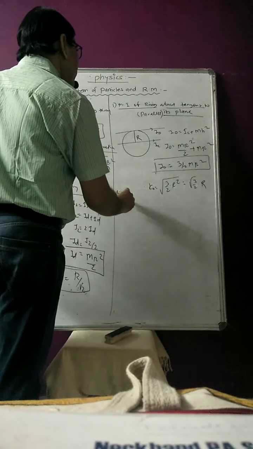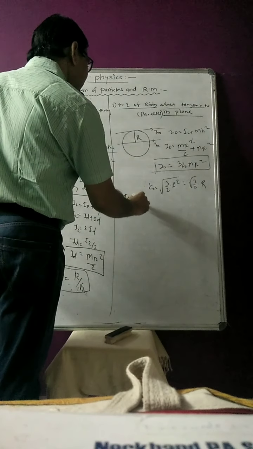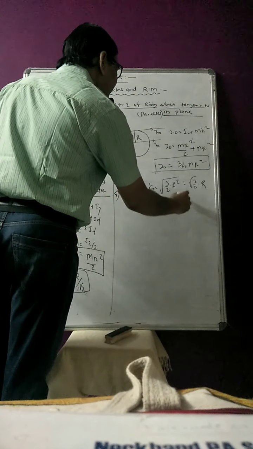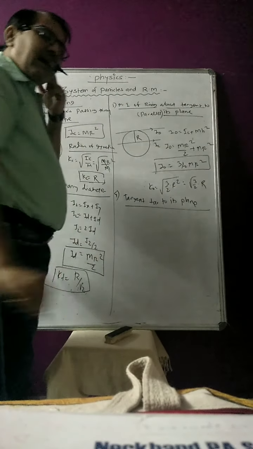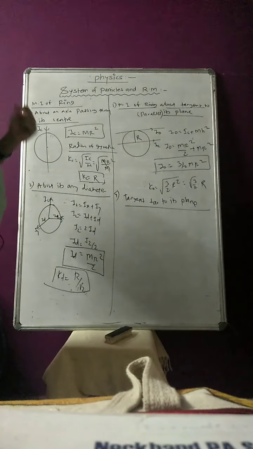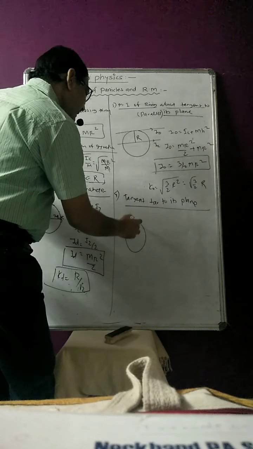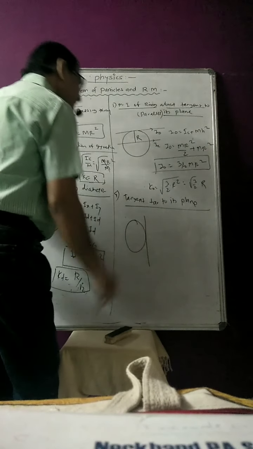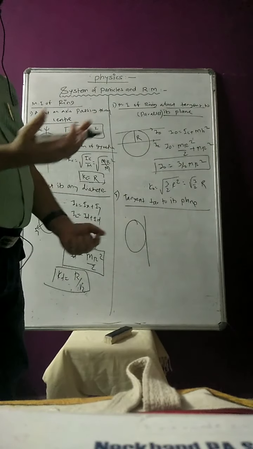Next point, moment of inertia of a ring about a tangent perpendicular to its plane. Sir, how will be the nature of that moment of inertia? So here suppose this is the ring. If I take this as the tangent, perpendicular to its plane, so this is the ring and this will be the tangent.